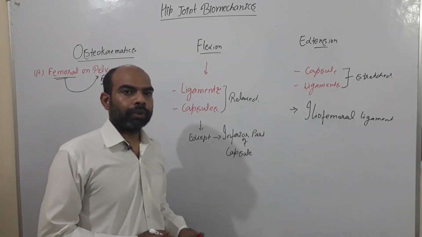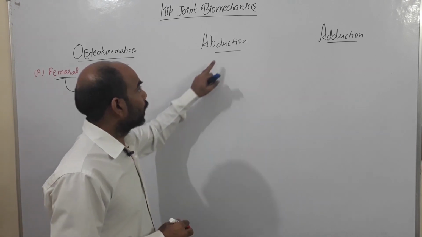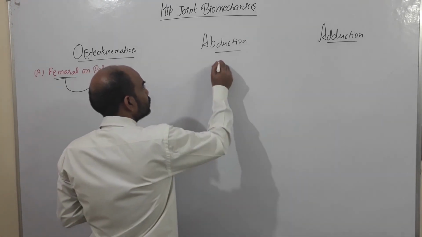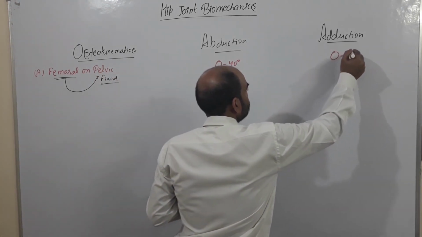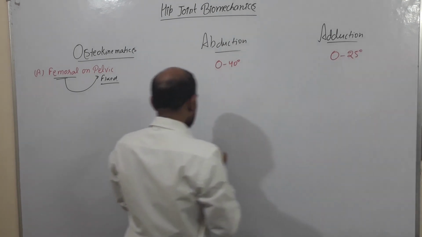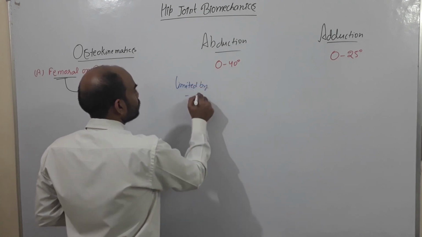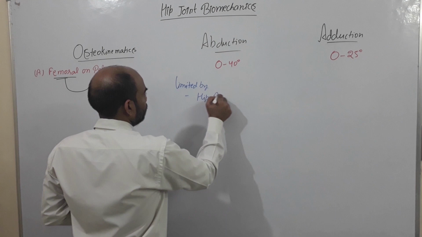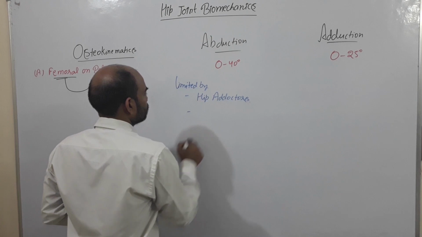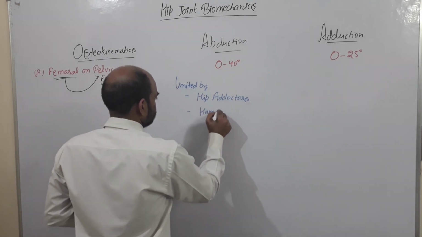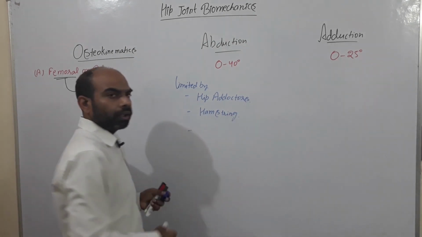Now move on to the next movement, abduction and adduction of hip joint. Hip abduction range of motion is 0 to 40 degree and adduction range of motion is 0 to 25 degree. Hip abduction is mainly limited by hip adductors, hamstrings and anterior ligament.